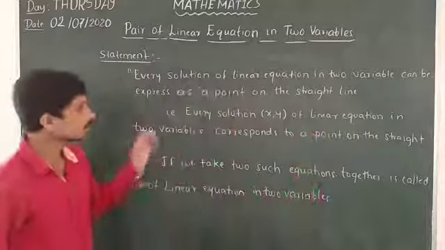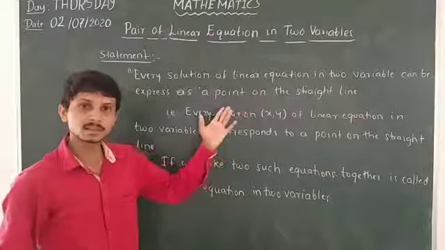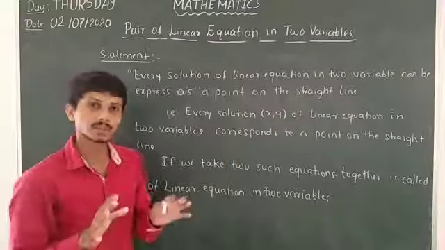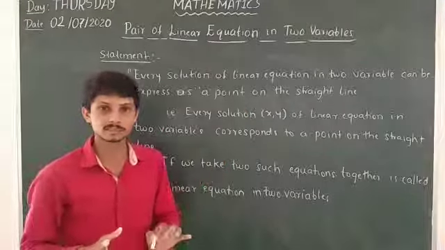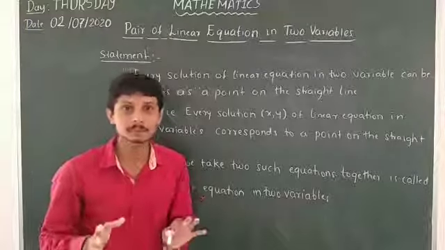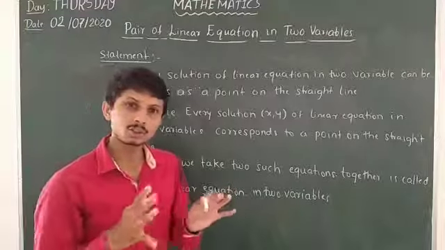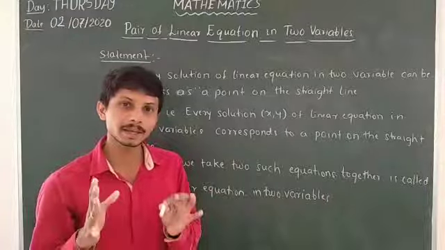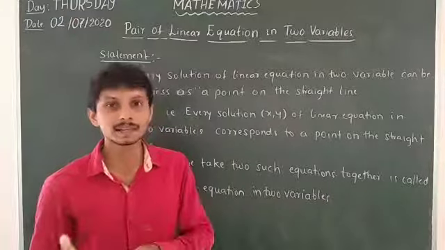So this is the statement of a pair of linear equations in two variables. This is not a theorem, I will consider it as a statement, because every solution of the linear equation can be expressed as a point on a straight line.